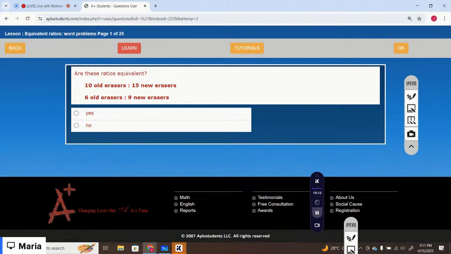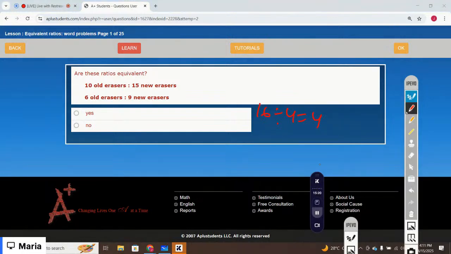Are these ratios equivalent? 10 old razors to 15 new razors and 6 old razors to 9 new razors. So 10 divided by 15 equals 6 divided by 9. Let's just do cross multiplication. That is 10 times 9 and 15 times 6. 10 times 9 is 90 and 15 times 6 is 90.